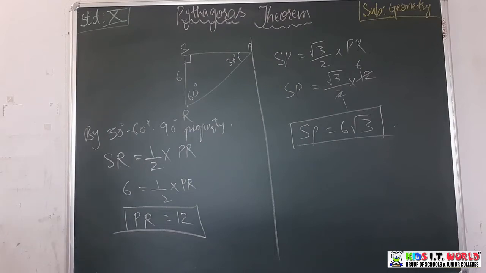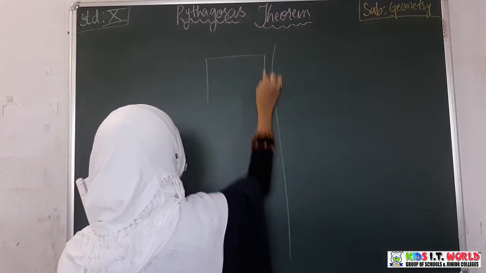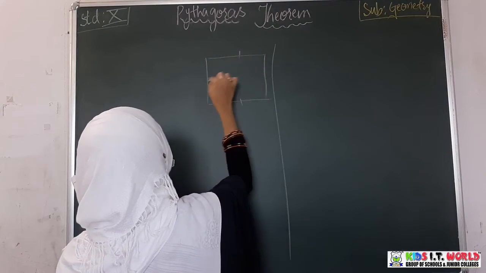Now question number 6. Find the side and perimeter of a square whose diagonal is 10 centimeters. First of all, draw the square. All the sides of a square are equal.